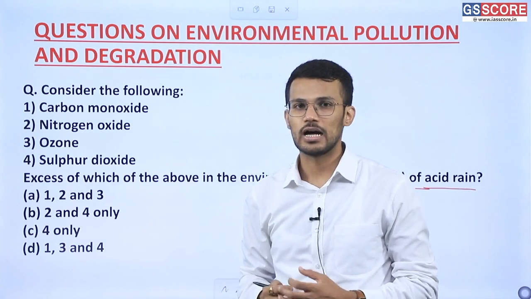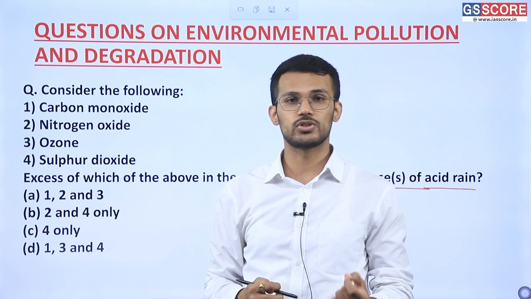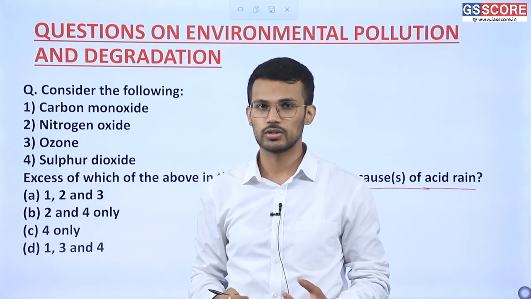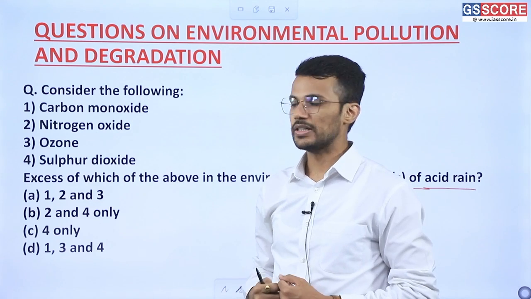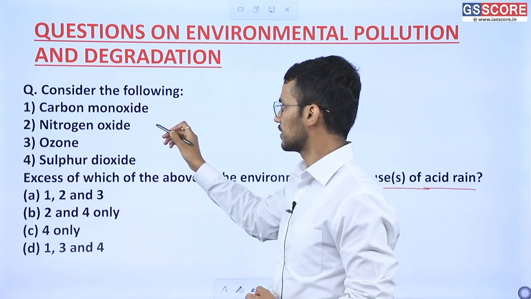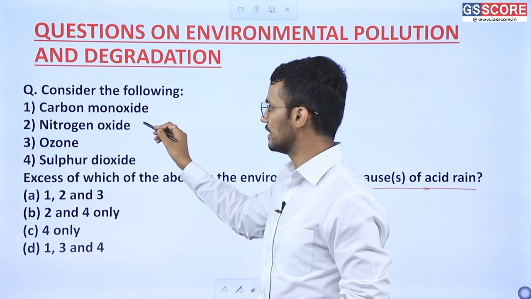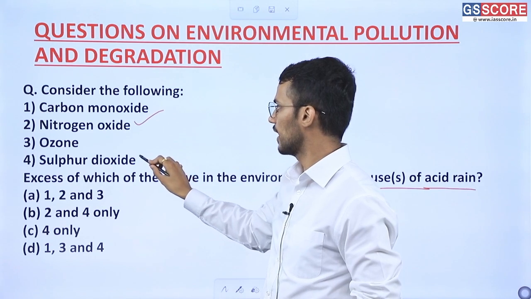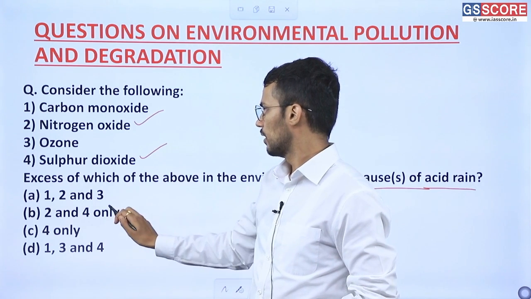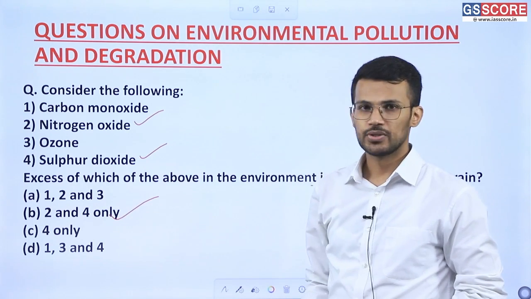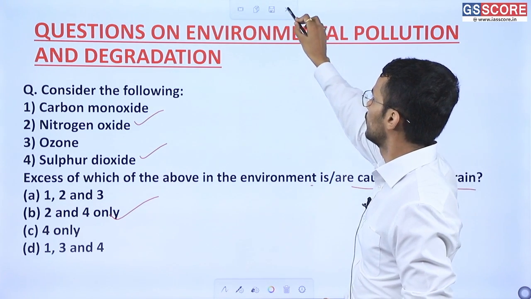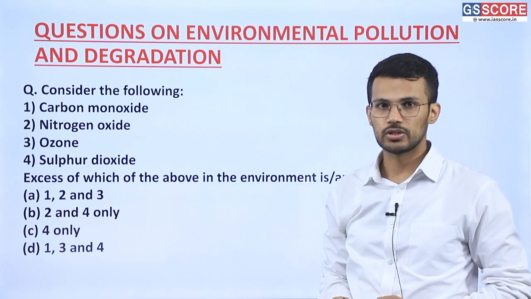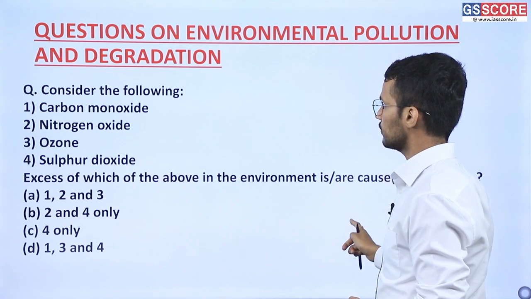Generally UPSC does not ask these simple questions from environmental pollution, but this question and the previous question asked in 2022's prelims exam were comparatively easier. So it is nitrogen oxide and sulfur dioxide. That means 2 and 4, option B, right? So that is about the questions asked by UPSC from environmental pollution and degradation.